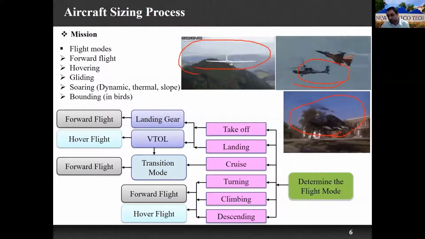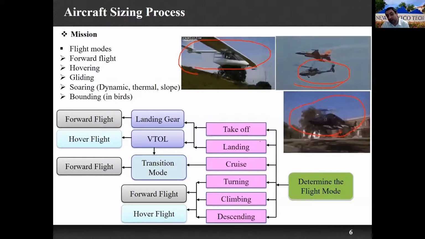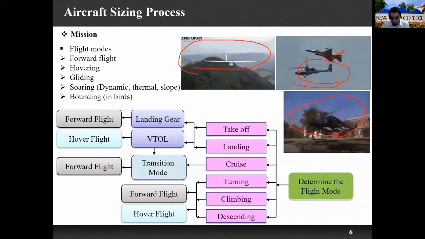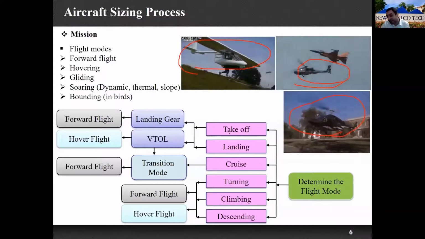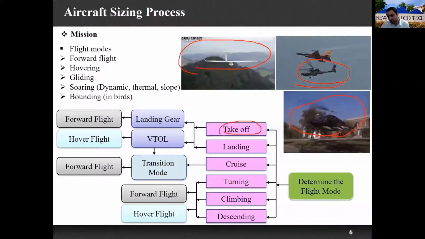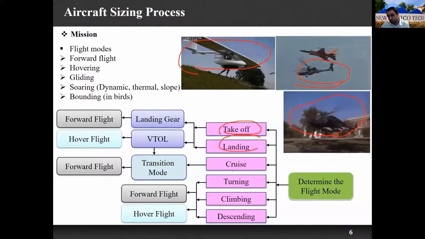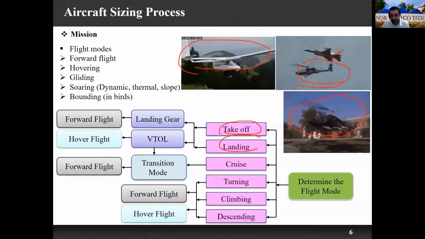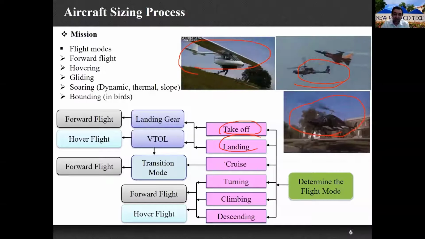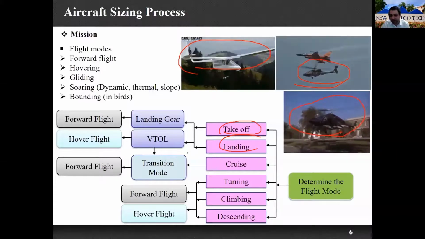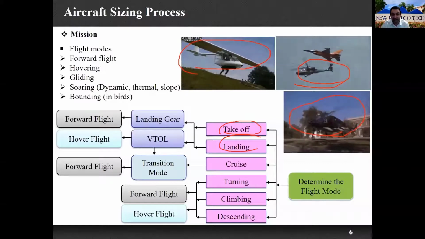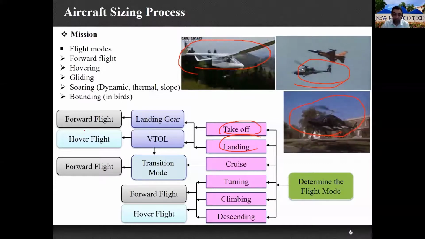So once we determine the flight modes, in each flight phase we need to know what modes we want. For example, if you are doing a takeoff, landing, cruise, turning, loitering, climbing and descending, each one of these flight phases can be done by different flight modes. In the takeoff, depending on the type, you can have a landing gear, you can take off as a forward flight.